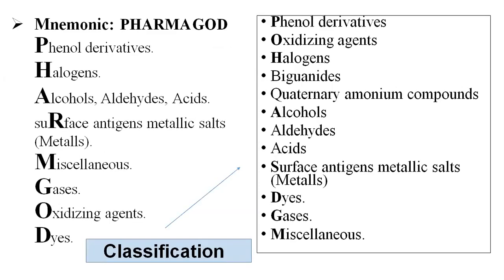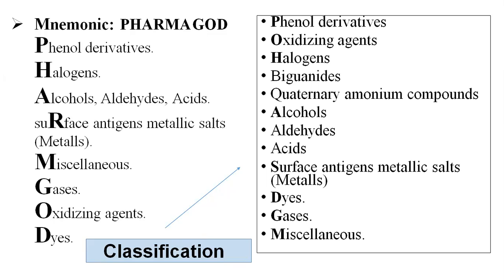Coming to the classification, you should remember the mnemonic PharmaGuard. Phenol derivatives, halogens, alcohol, aldehyde, and acid, surface active metallic salts, and miscellaneous: gases, oxidizing agents, and dyes.